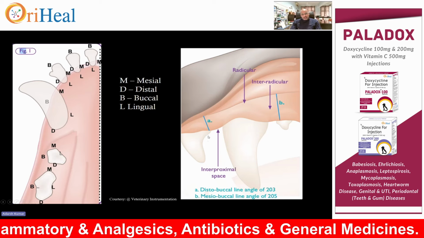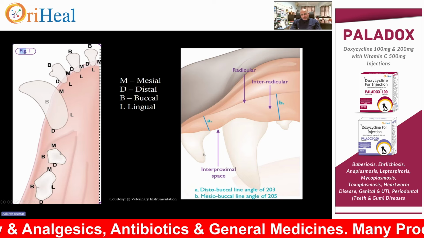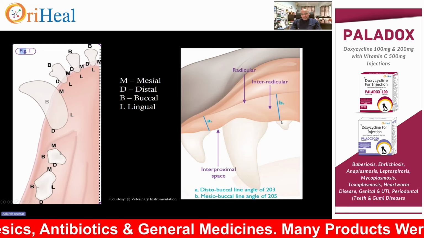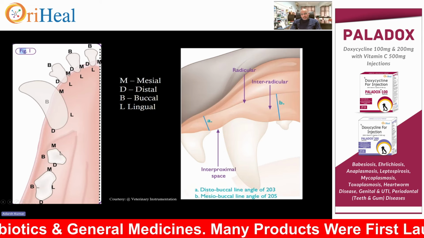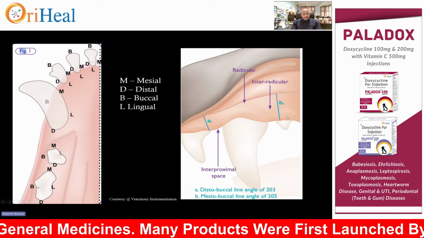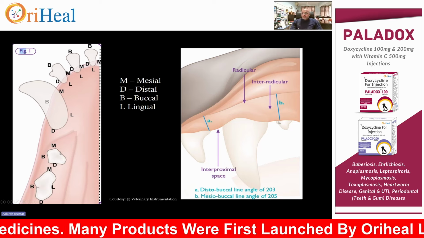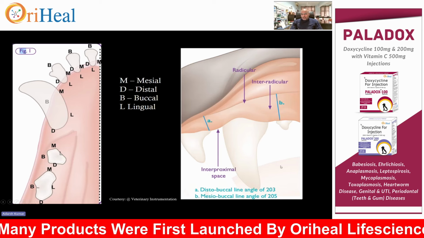So we normally call it the distal buccal line. When you talk of premolar 1, this is the proximal part. The proximal part is known as the mesial surface because it is facing towards the first incisor. So that is the mesiobuccal line of the 205.